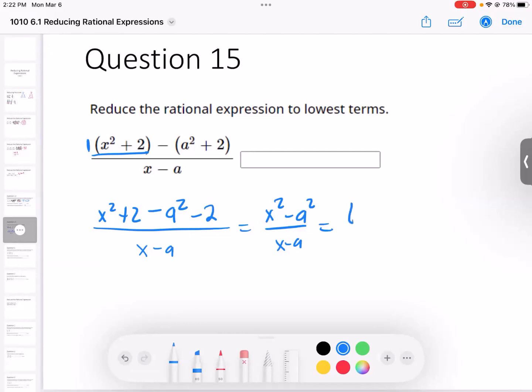So you could factor that to x minus a times x plus a, all over x minus a. And both the top and the bottom of the fraction have an x minus a factor, so you can cancel those out. And your simplified rational expression would be x plus a. So this entire rational expression simplifies to just be x plus a.